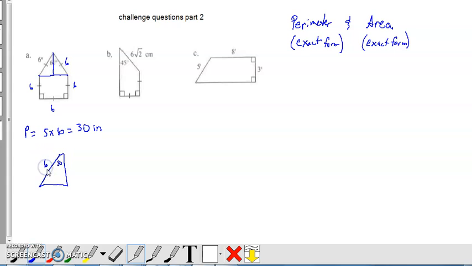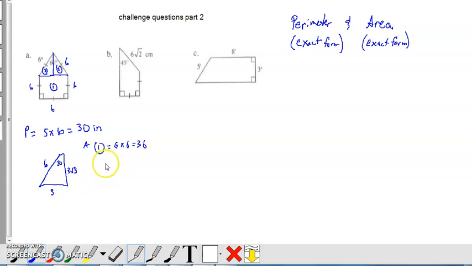So this means that this would be your 6, which means that this would be your 3, and then this would be your 3 root, not 3, sorry, 3 root 3, okay? So the first thing I want to do, I have my area, so I'm going to call this area number 1, area number 2, and area number 3. So area number 1 is easy. I'm just going to say 6 times 6. So area number 1 is 6 times 6, which gives you 36.